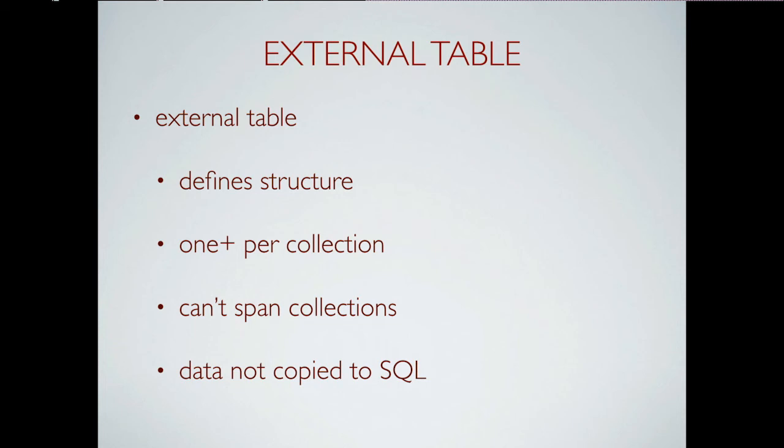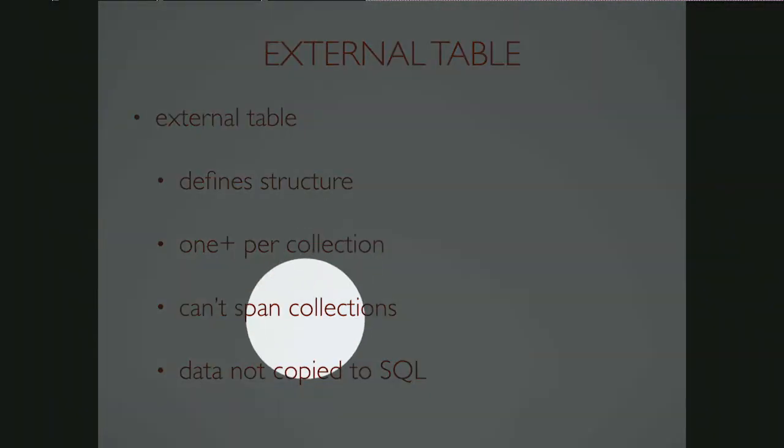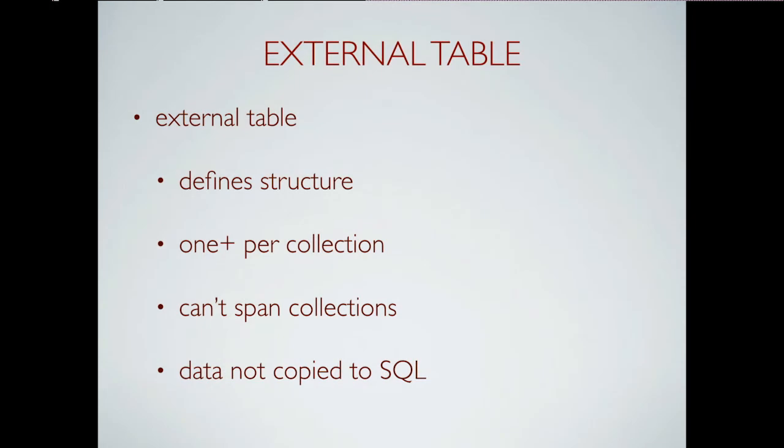There's one or more per collection. Remember, in the Mongo world, we've got databases, within the database multiple collections, and within the collections, documents. So you create one or more external tables per collection, but they can't span collections.